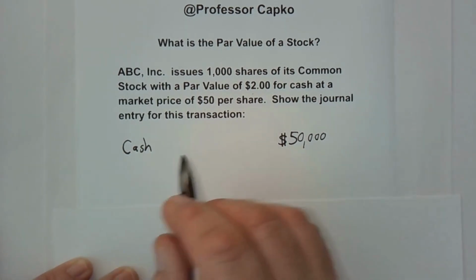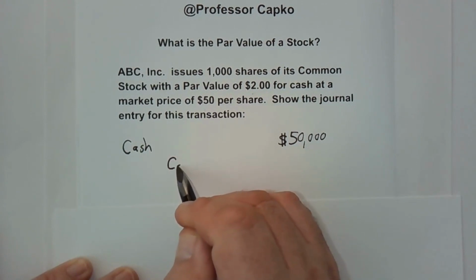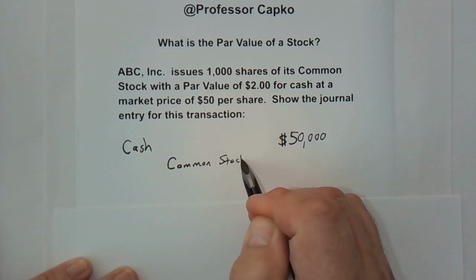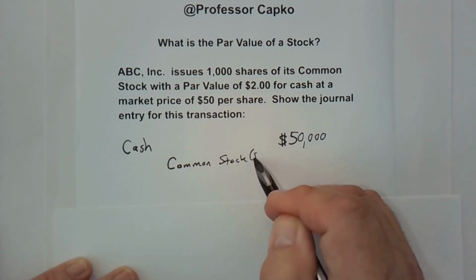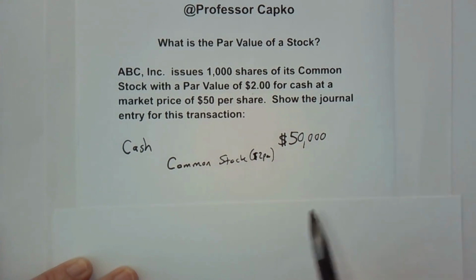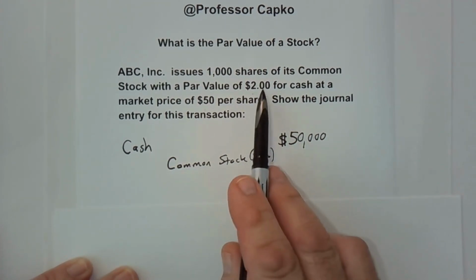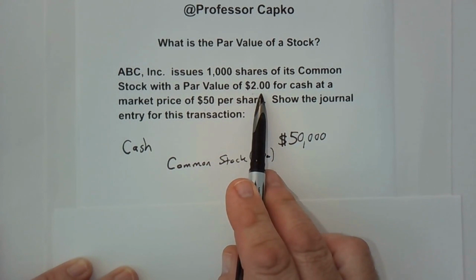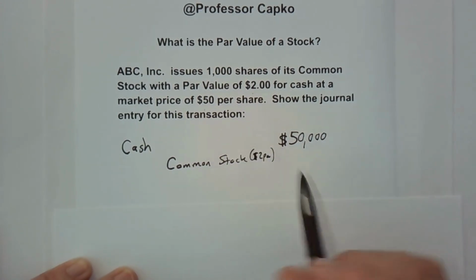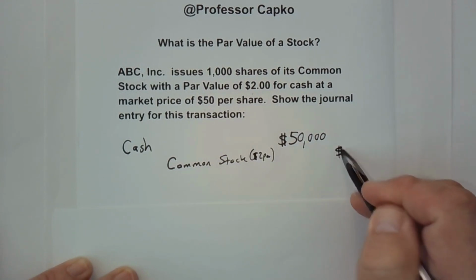Next, we have to credit common stock. And you might in here say $2 par, but not always. And we know that $2 of this will be for the common stock's par value. So we're going to list that credit as $2,000.